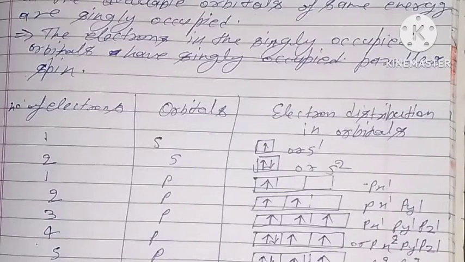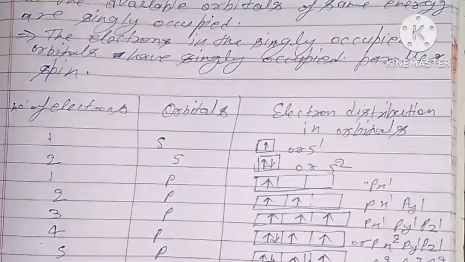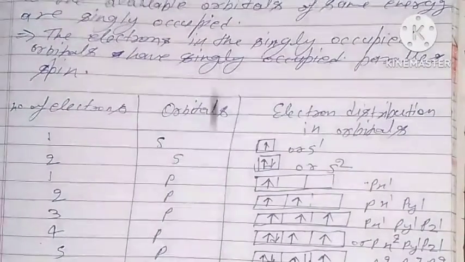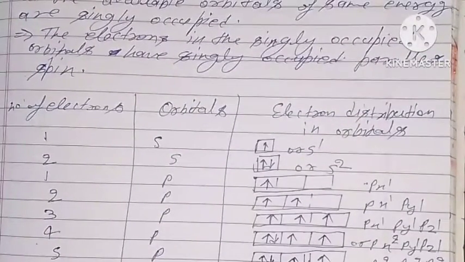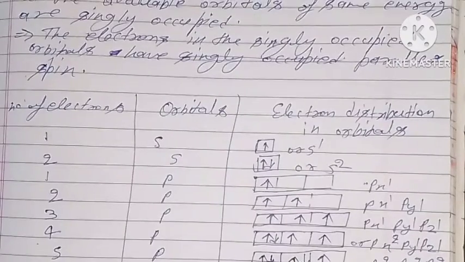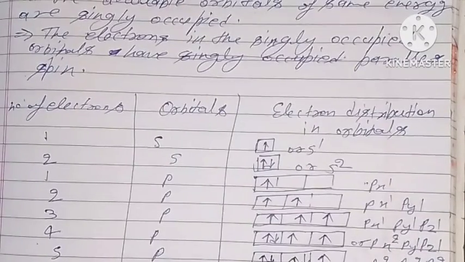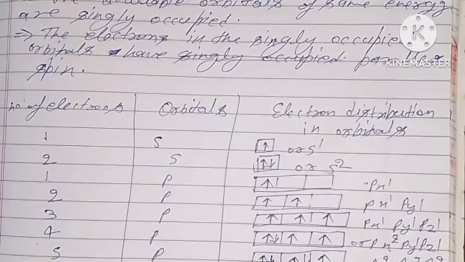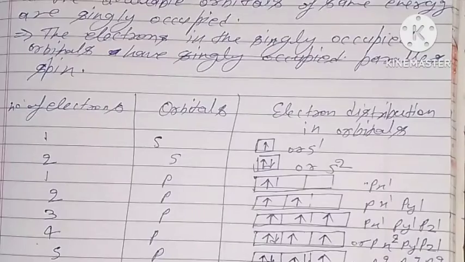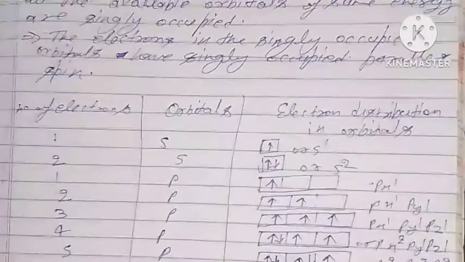If the number of electrons is 6 for the p orbital, then the electrons fill initially singly, and after that pair, so px2, py2 and pz2.